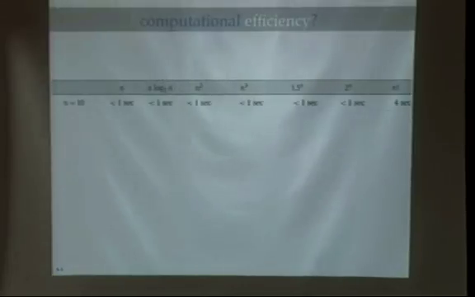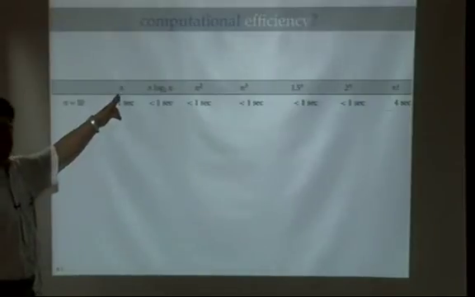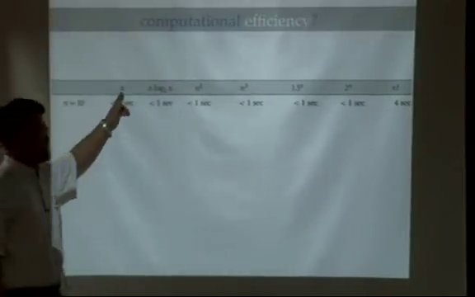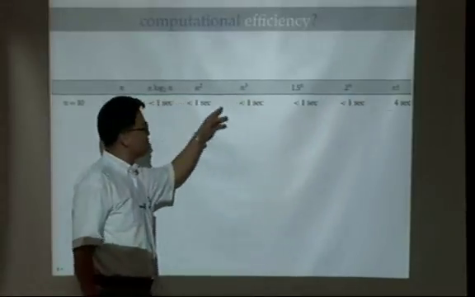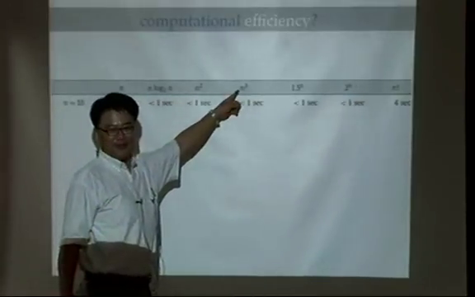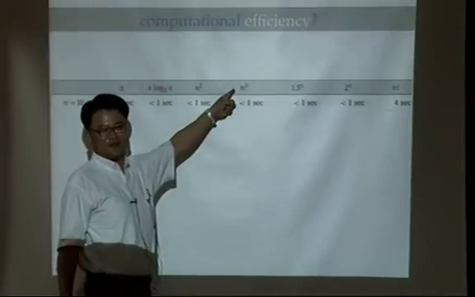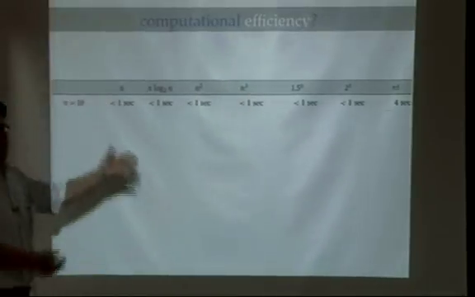Okay, so let's look at a table here. We have several different algorithms. One algorithm takes only n time, another takes n factorial time, and we can also consider another algorithm that takes n cubed time, or n squared. I'll show you why n cubed is not practical.